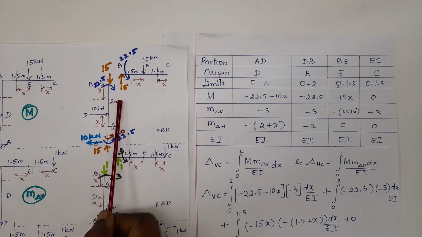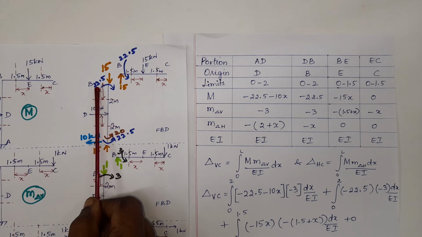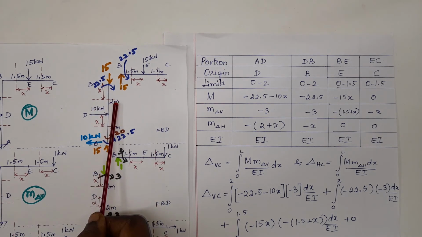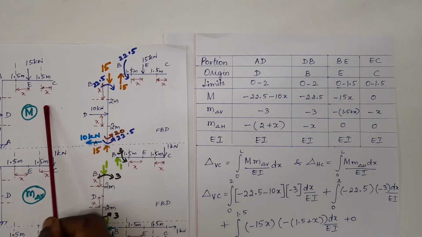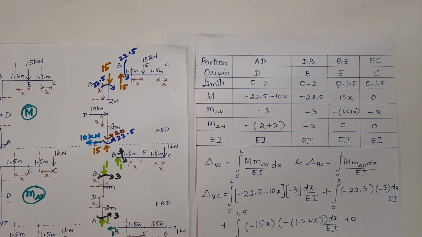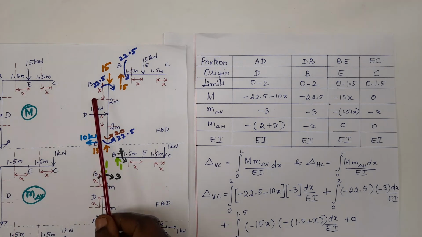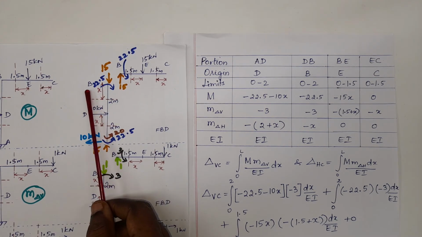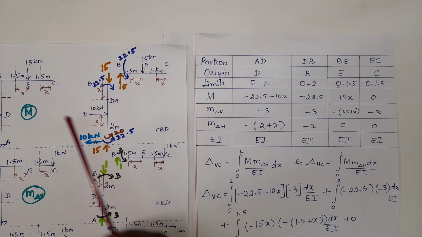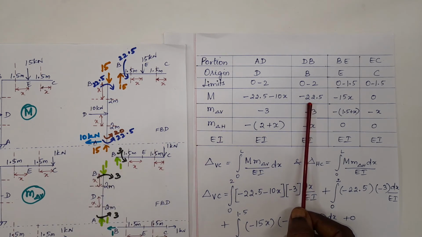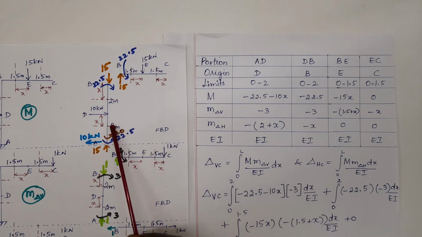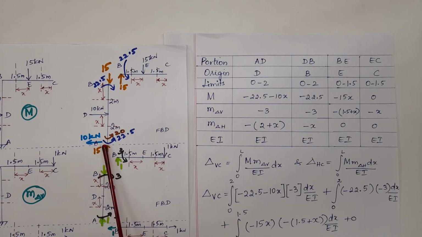This 22.5 kilonewton meter, previously we have determined the values. That causes a moment towards a section such that the column is pushed out. It is taken as a negative bending moment. So 22.5 is written with a negative sign. Minus 22.5 in DB.